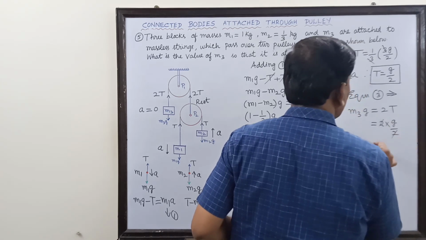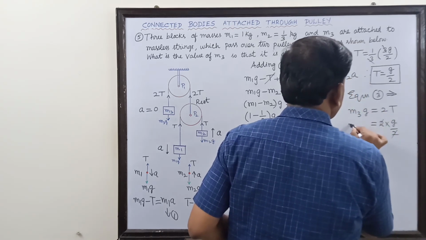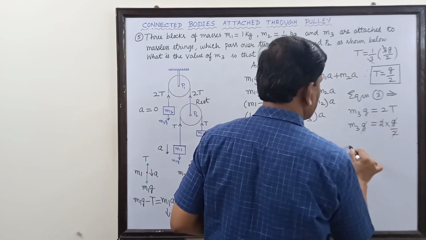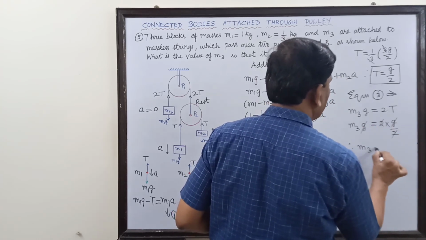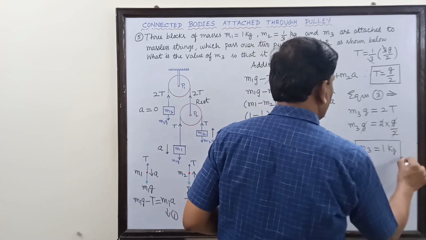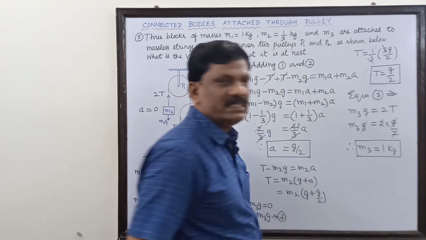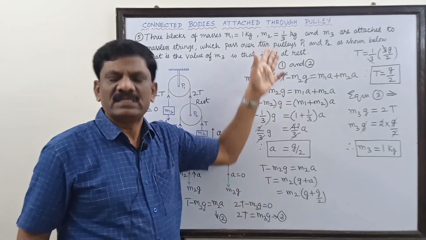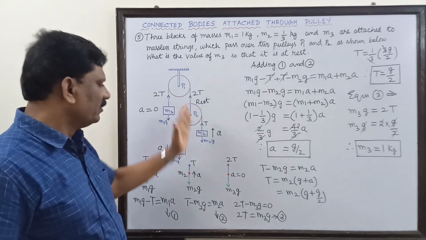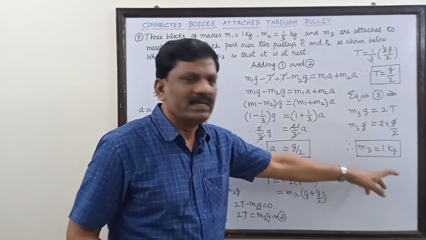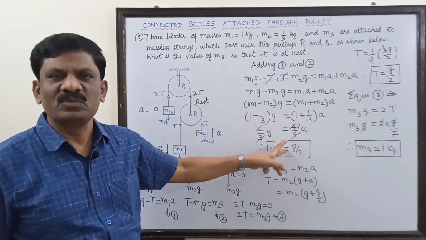So 2 and 2 get cancelled and m3g is equal to g. So g also gets cancelled. Therefore m3 is equal to 1 kg. So systematically if you solve each and every step, then the answer will be found as 1 kg. I hope you have understood well. Fine.